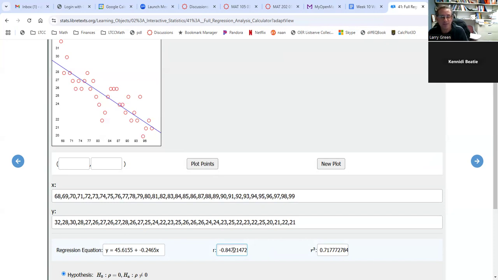So if R is negative 0.85 or so, that means we have a negative correlation. Do you see how that works? Yes. Now this number is pretty close to negative 1. It's a pretty strong negative correlation. Do you see that?